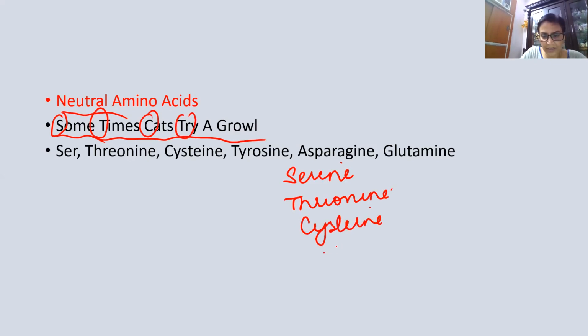T stands for tyrosine. A stands for asparagine, and growl, G stands for glutamine. So these are what sometimes cats try a growl. Serine, threonine, cysteine, tyrosine, asparagine, and glutamine are the neutral amino acids.